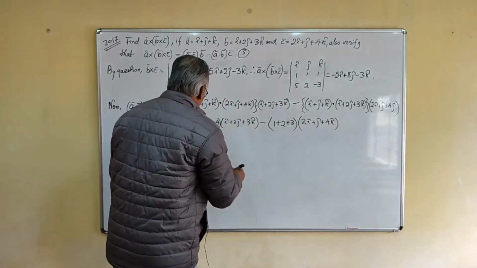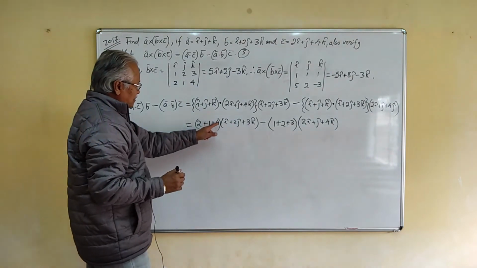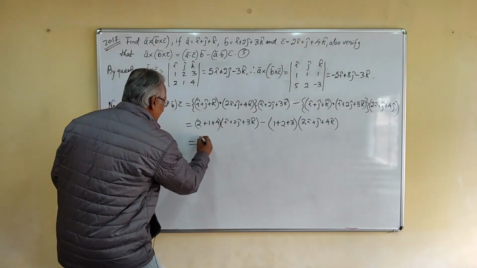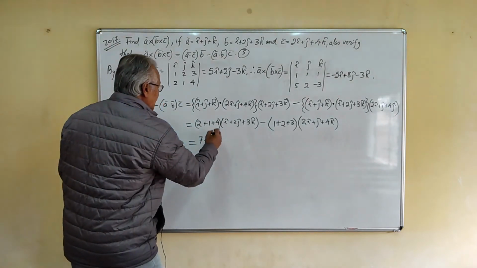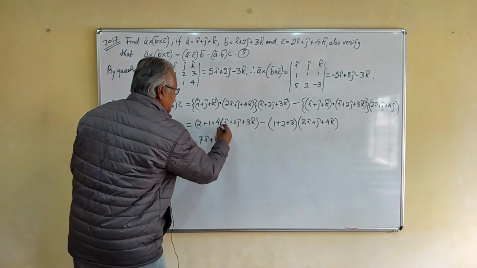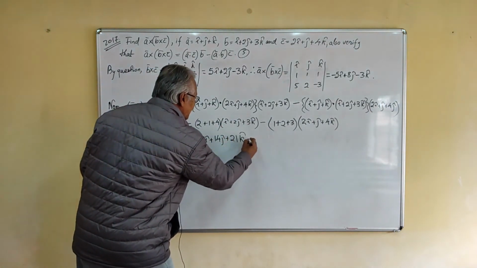So what comes into the picture now? 2, 1, 3, 3, 4, 7. 7 will multiply this, 7i, and 7 into 2 will be 14j, and 7 into 3 will be 21k, right?